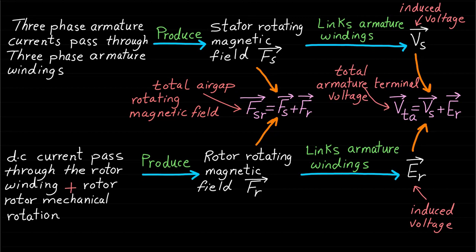At this point, we already provided some idea about the rotating magnetic fields of the stator and rotor. Also, we mentioned that the induced voltage in the armature windings is induced because of the stator and rotor rotating magnetic fields. Now let's give some idea about the torque produced by the machine. Let's first define some important torque terms.